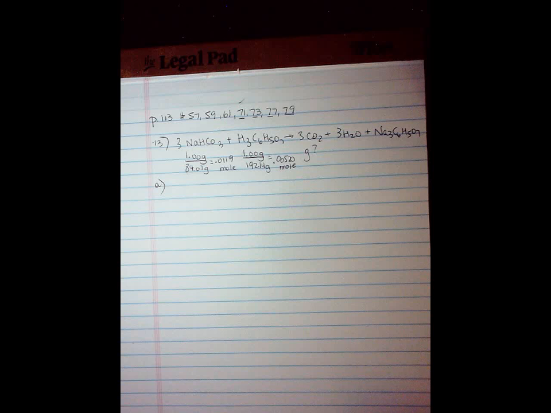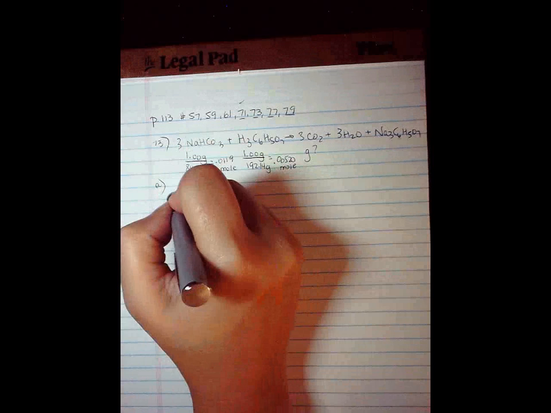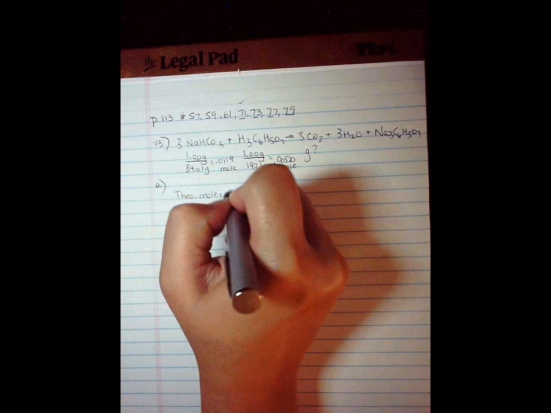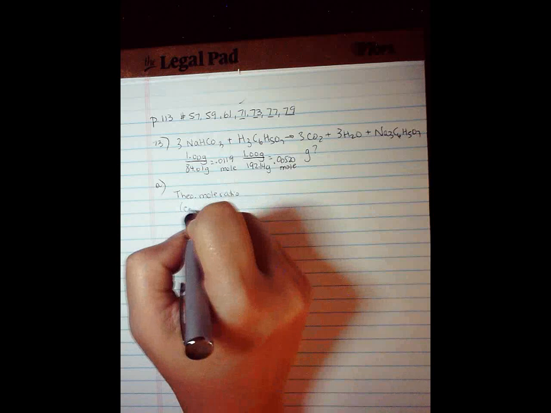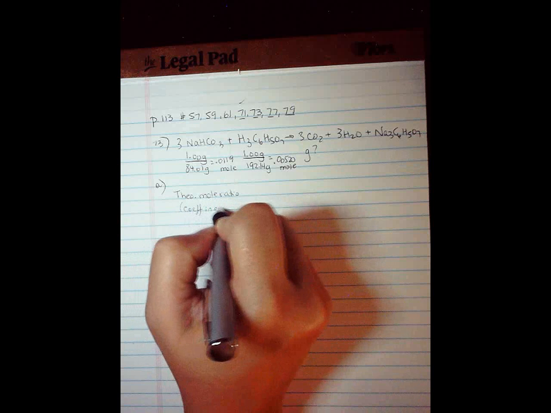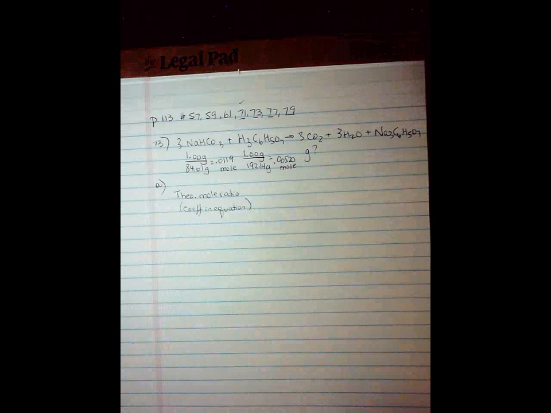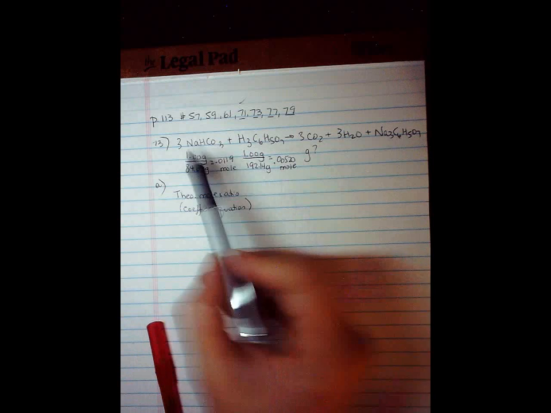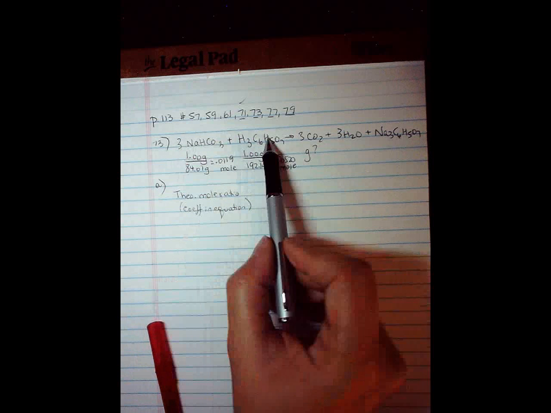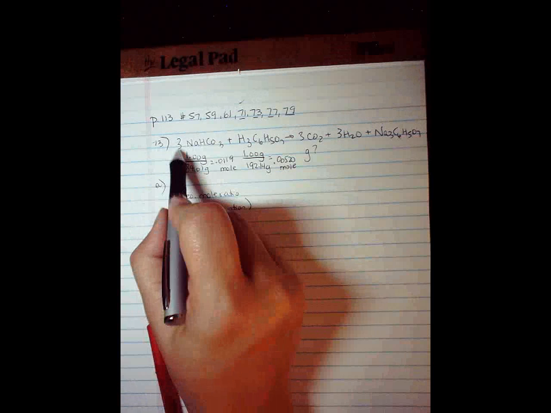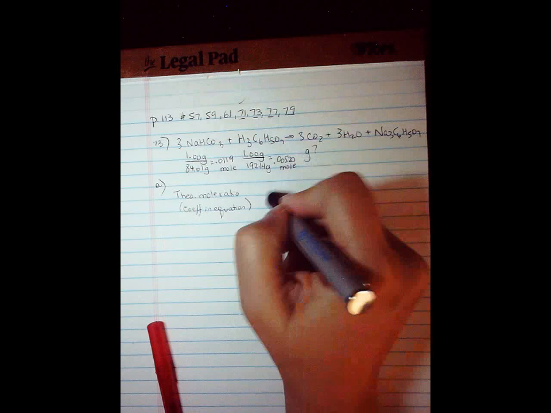All right, so to figure out who the limiting reactant is, what I taught you to do was that first you have to figure out what the theoretical mole ratio should be. And this comes from the coefficients in the chemical equation. So according to the equation, and I'm going to put these in the order that I see them in the equation as I read it from left to right, you need 3 moles of NaHCO3.